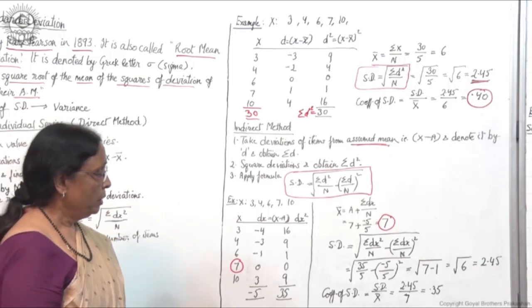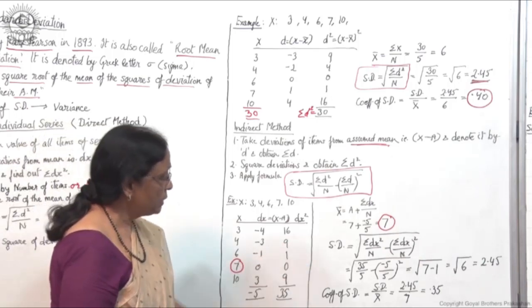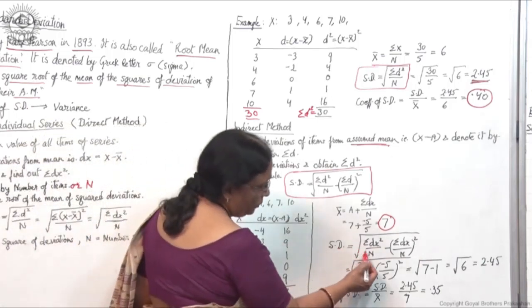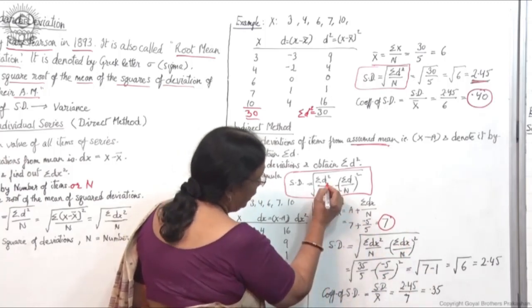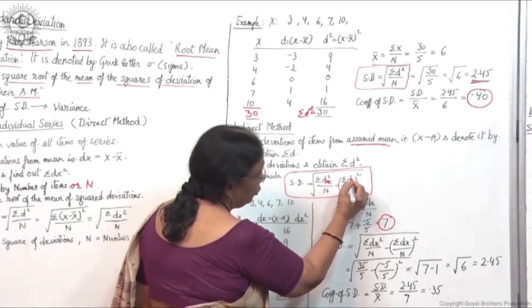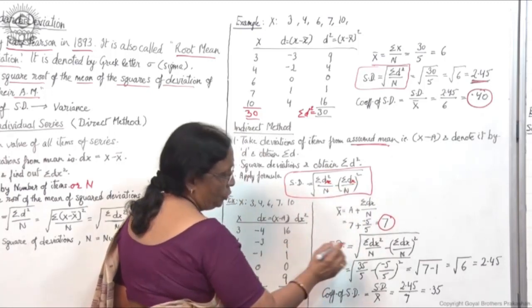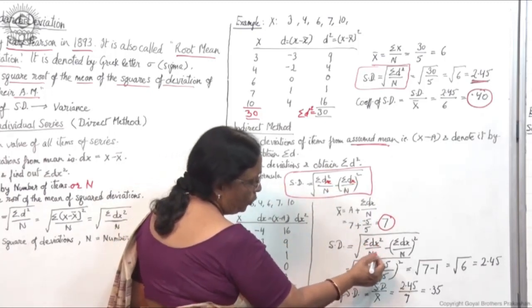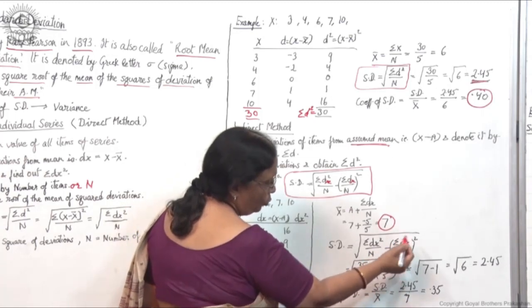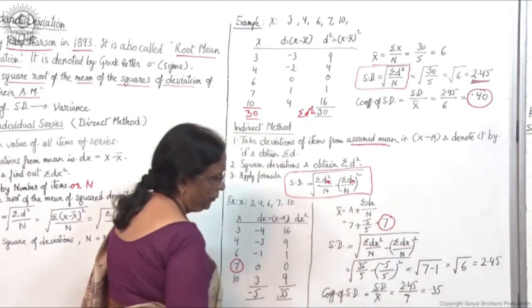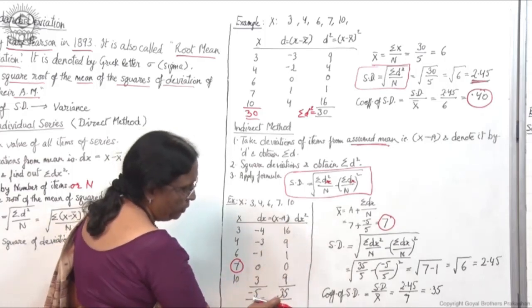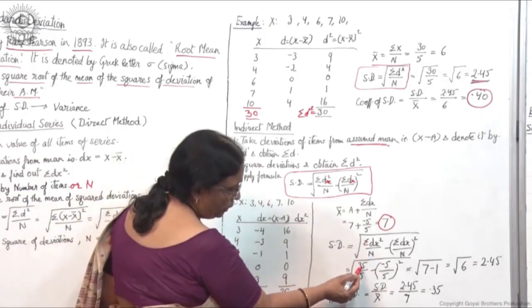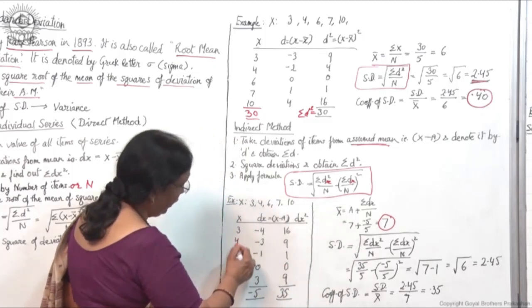Right? Now the formula for standard deviation is equal to this, the same formula written down here. Here I have not written dx, whether you write it or not it is understood. So sigma dx square upon n minus sigma dx upon n whole square, whole under root. Now sigma dx square is 35, so in place of this write down 35, n is 5, the number of items.